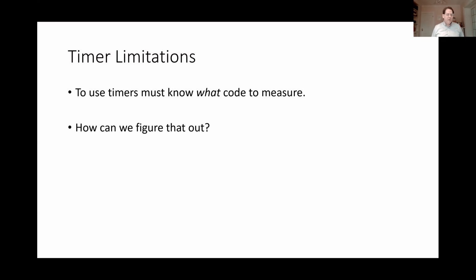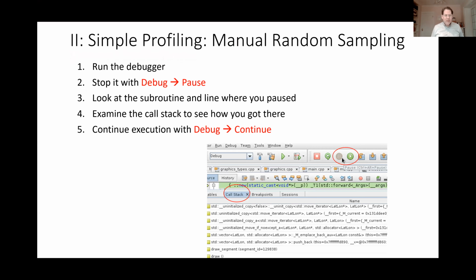So how can we figure out what code we want to measure? We could write timers all over the program, but that might take us a while. So a simple way to do what's called profiling the program, to try to figure out where the time goes without changing the code, is what's called manual random sampling.